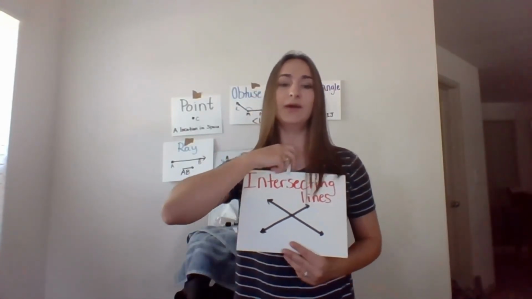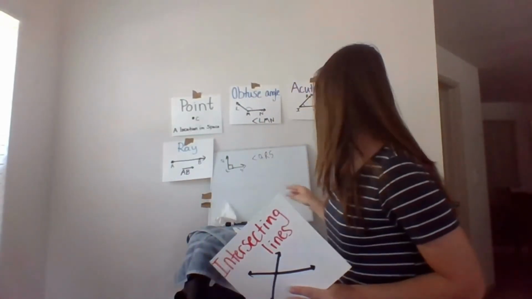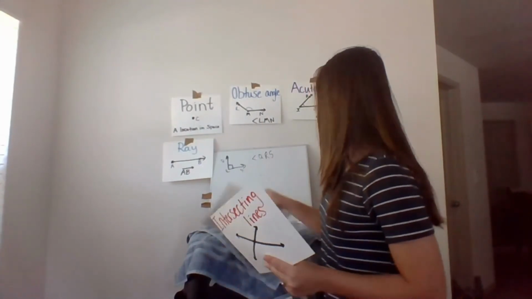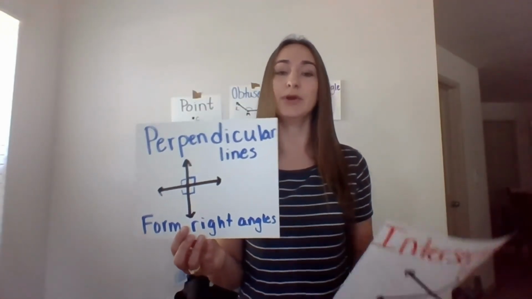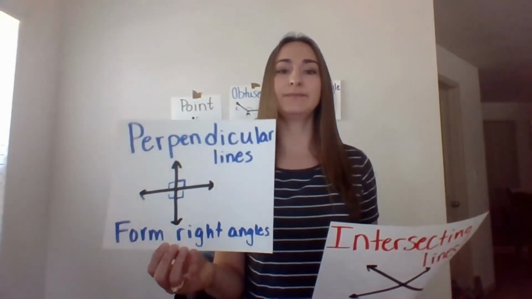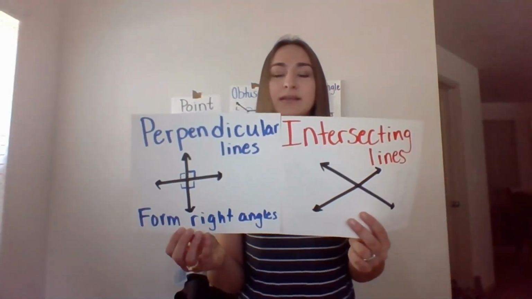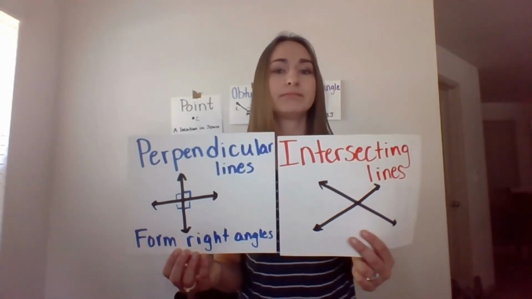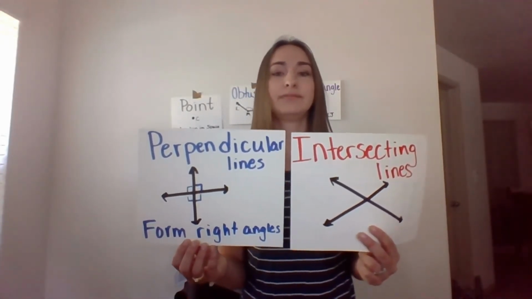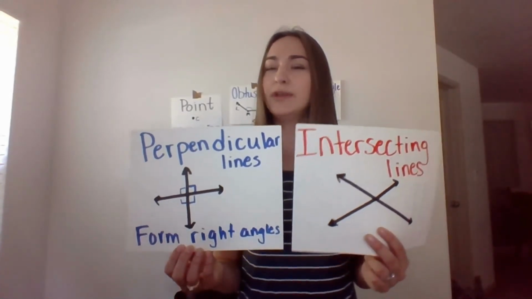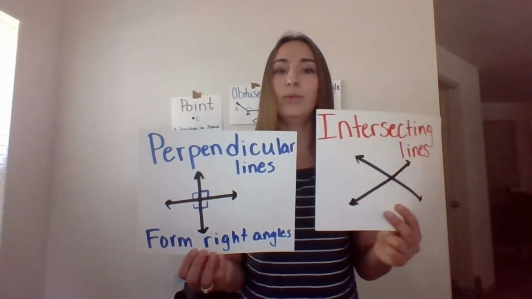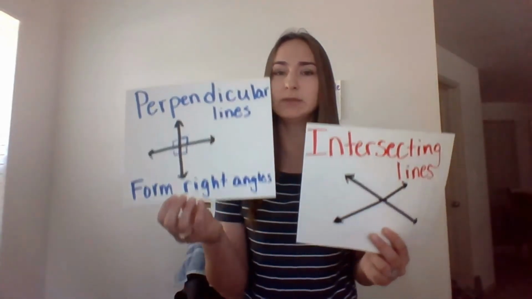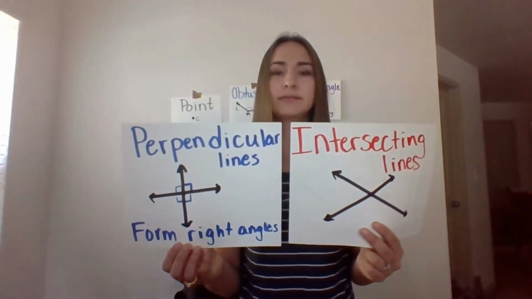Now I've got something interesting for you next. The last type of line is a perpendicular line. What are we noticing? How are they the same? They're the same because they're both coming together at one point. They're both crossing each other. But what makes this one different than intersecting?